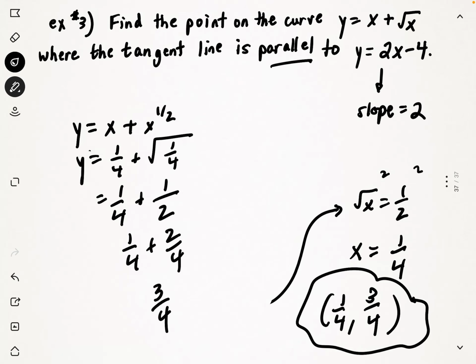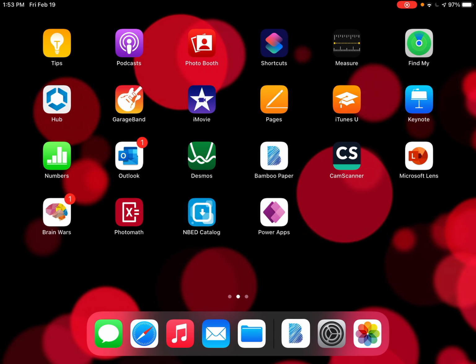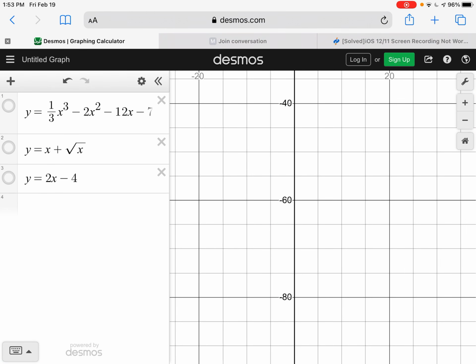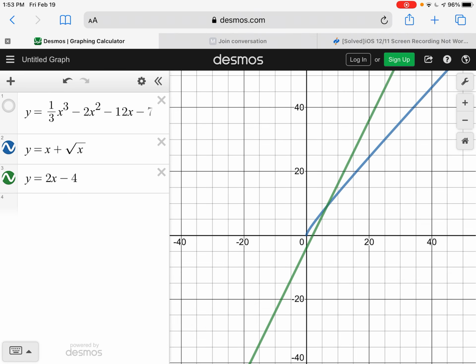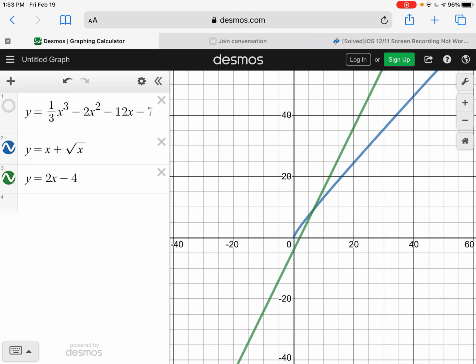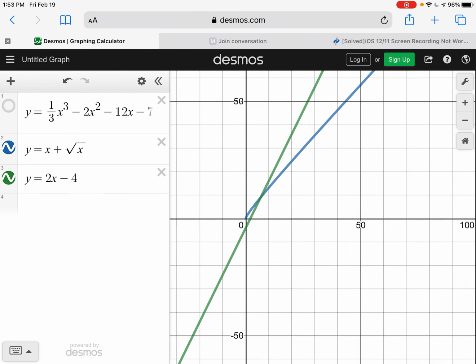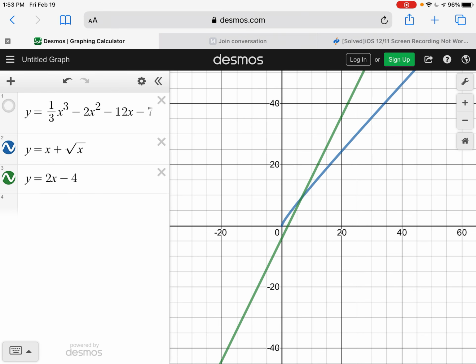Let's go take a look at some things here. If we sketch this graph on Desmos, let's get rid of this old one and throw in these new ones. First of all, you'll notice that this curve in blue is the curve of your graph. Green is a linear equation, but it's not the tangent line.